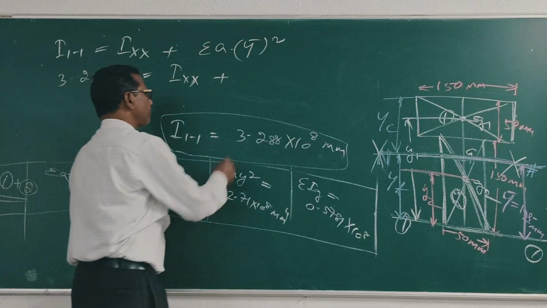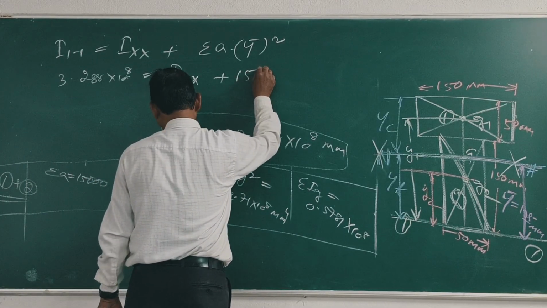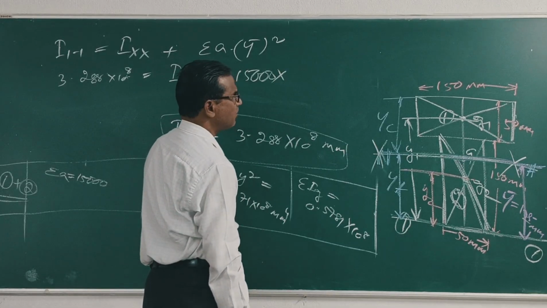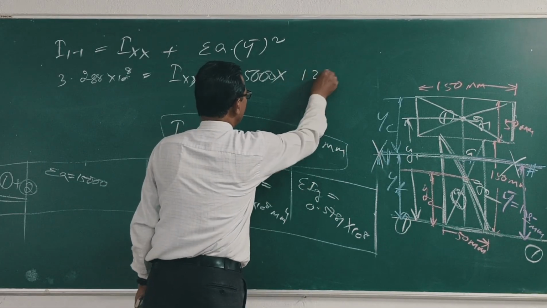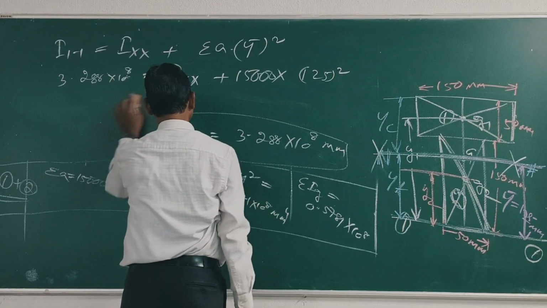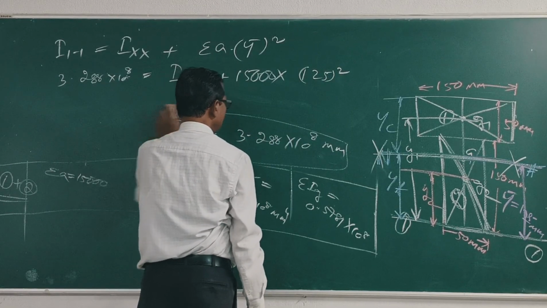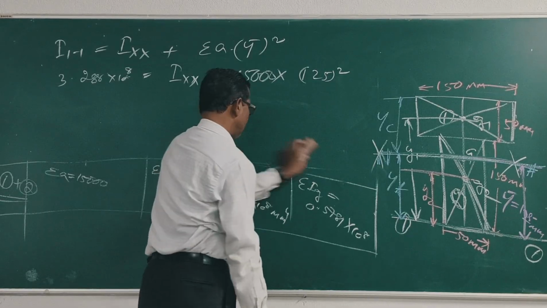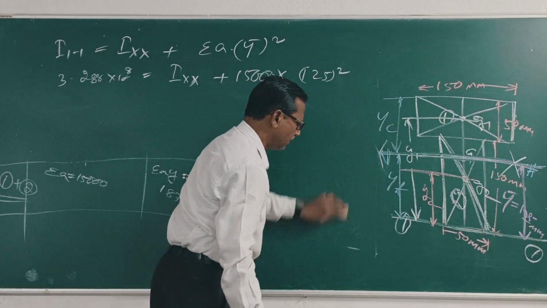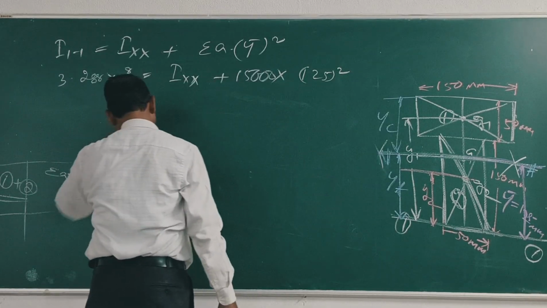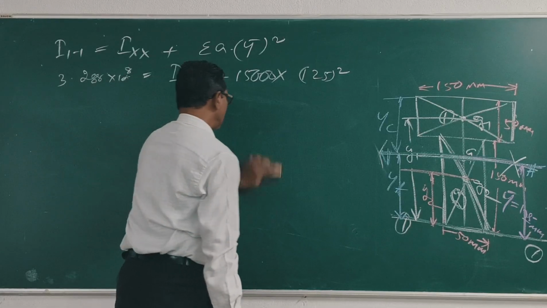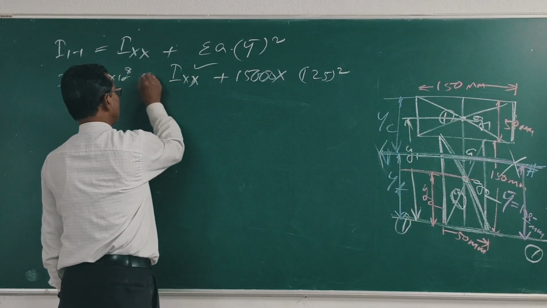This sigma I is 15000 into y bar square. What is y bar? 1.50 square. Clear? Now IXX. Now we find out IXX.